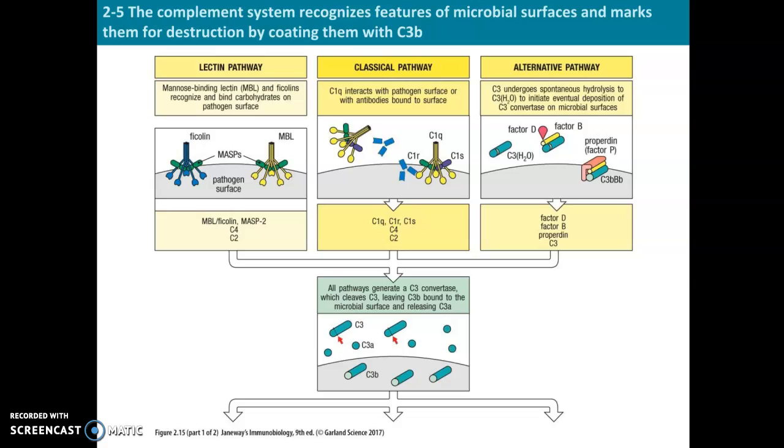In the case of C4 and C3, the smaller part, the C3a or C4a, are anaphylatoxins. They cause inflammation. In the case of C2, it also causes activation of other pathways that are less understood.